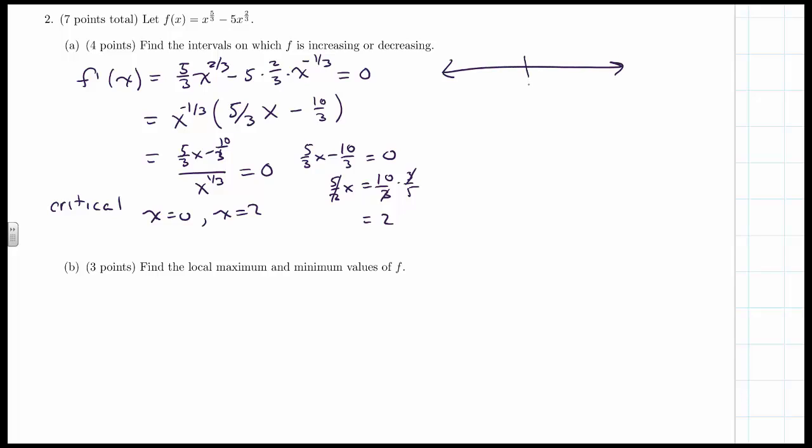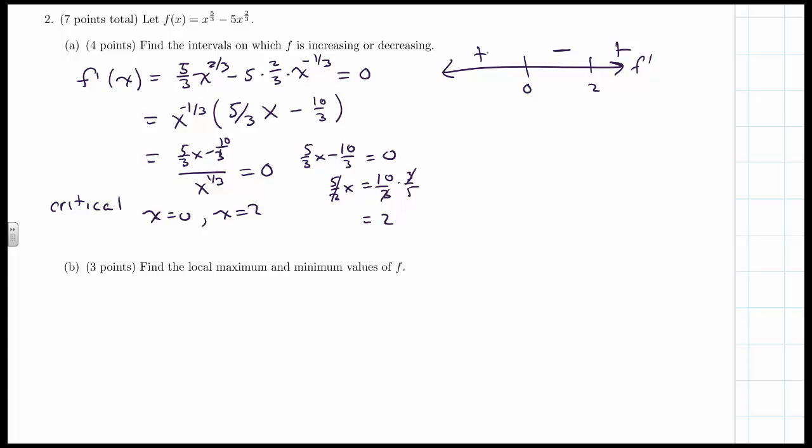So we've got a critical value at 0, a critical value at 2, and f prime when x is greater than 2, it's all positive. When x is less than 2, it's negative. And when both of them are negative, it looks like we get a positive value.